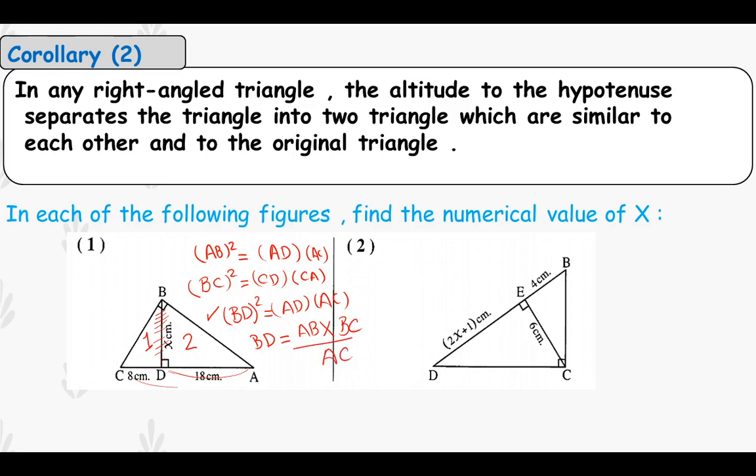Which rule you are going to use depends on the given of the problem and the required. Let's solve these two examples together.